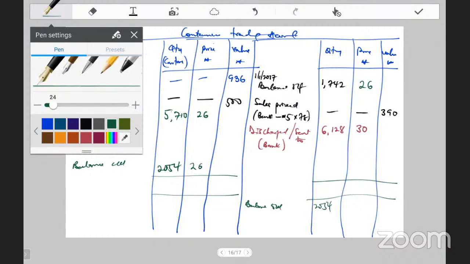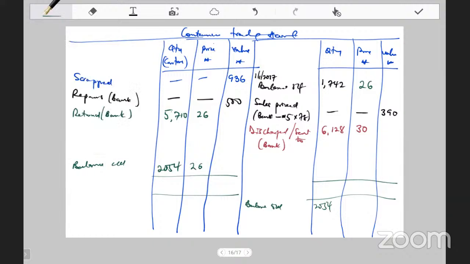Something will now give way. What is the total unit that has been charged out and given to the customer at the beginning? What is the total unit we are expecting from them that has been given to them? That is this. I'm sure you can see my cursor.